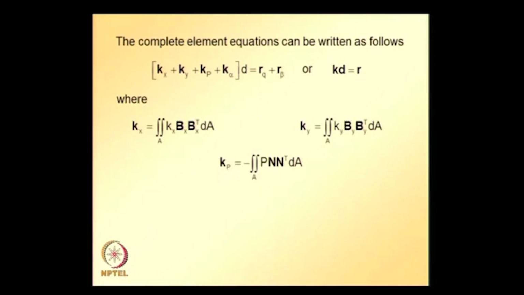Using the Galerkin criteria, after substituting finite element approximations, the complete equations for general 2-dimensional boundary value problems reduce to this, where each of these Kx, Ky, Kp, K alpha, R beta, Rq are defined here.